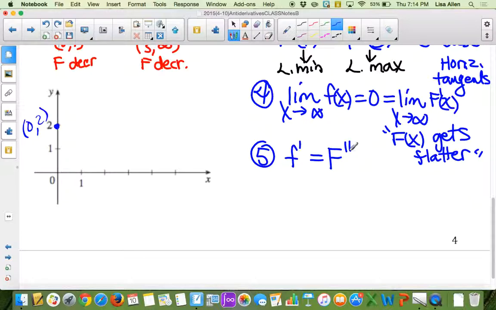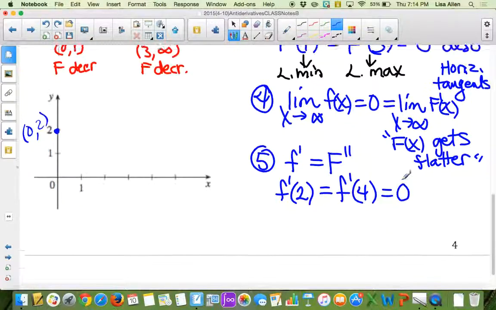Too many f's. All right? So then notice something, what is f prime of 2 equal to? F prime of 2 is equal to f prime of 4, which is equal to 0.